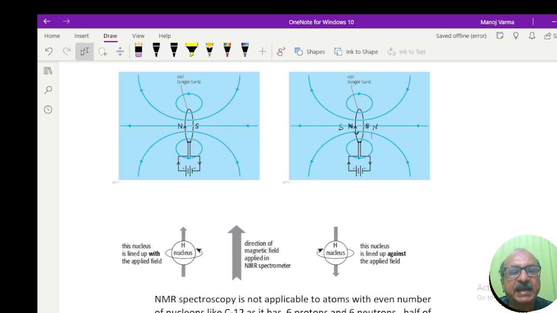so long as there is no external magnetic field, these two protons have the same energy level.